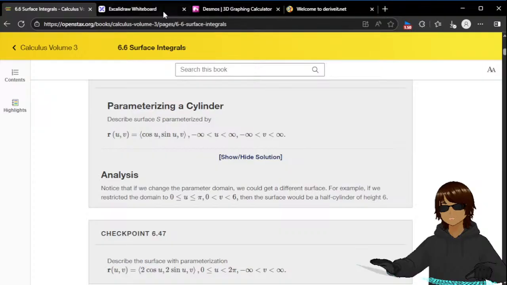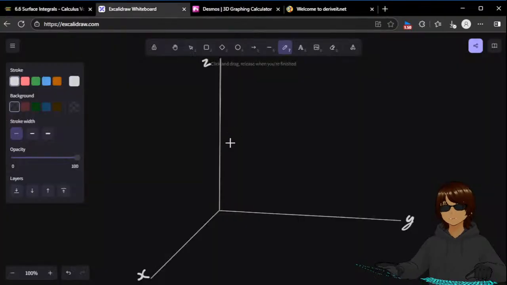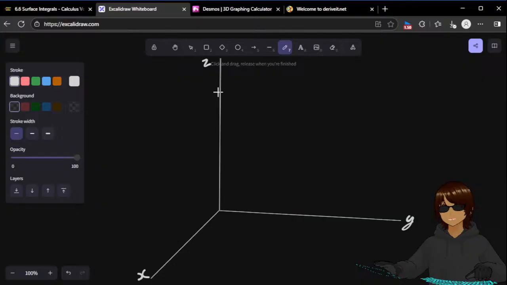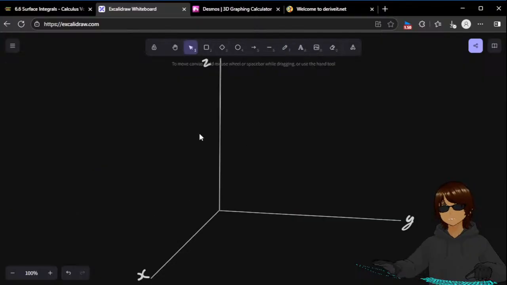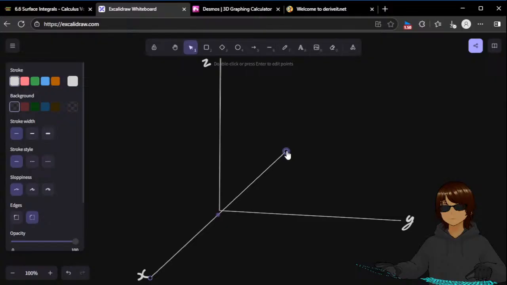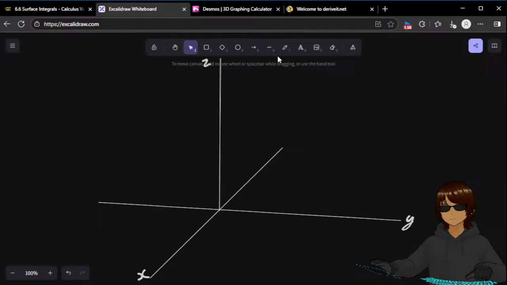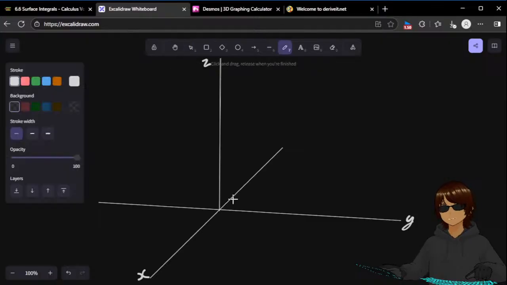If x is cos u, as u goes from minus infinity to infinity, what I'm saying is the shadow on u should follow a sine curve, right? Sorry, I mean cos curve. So something like this.